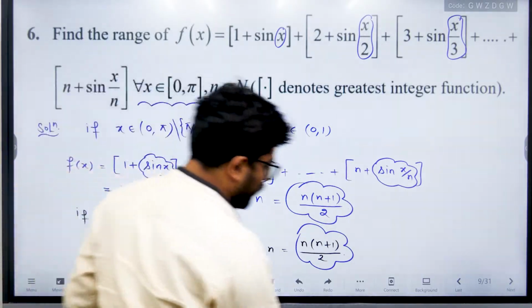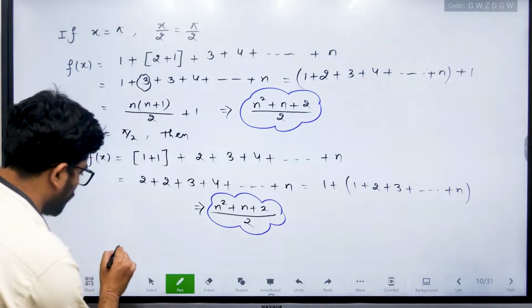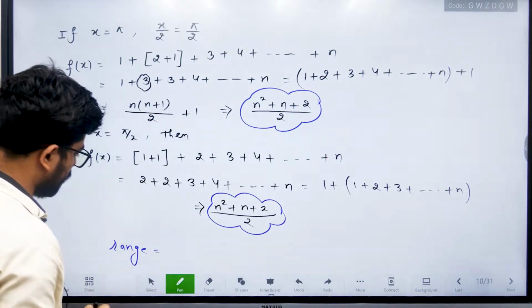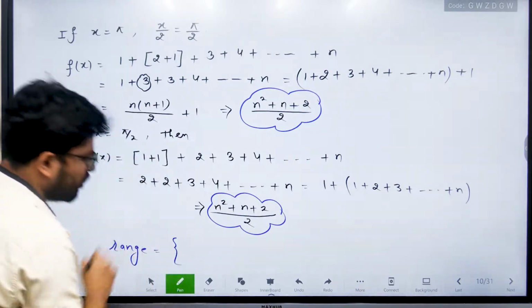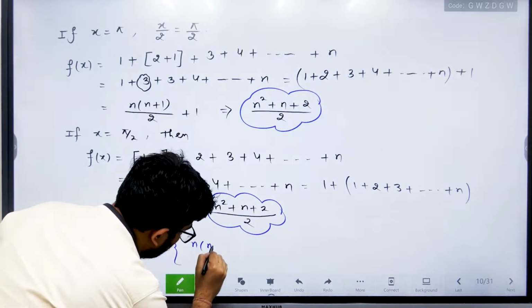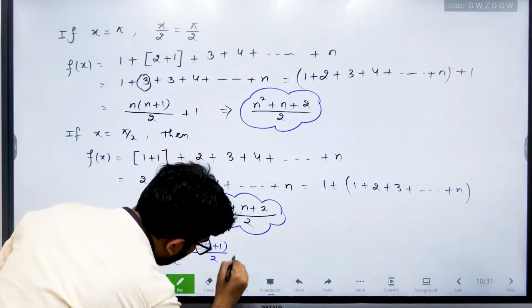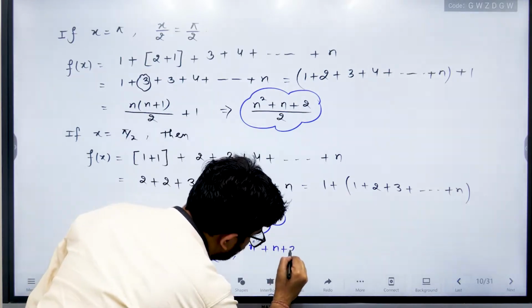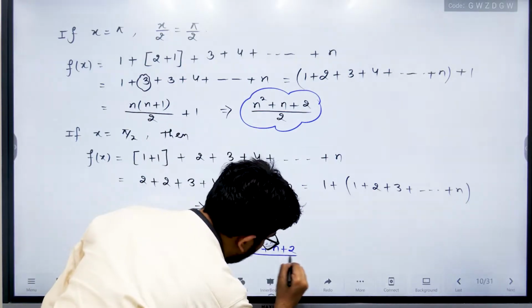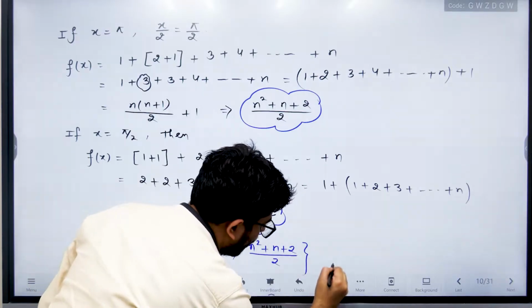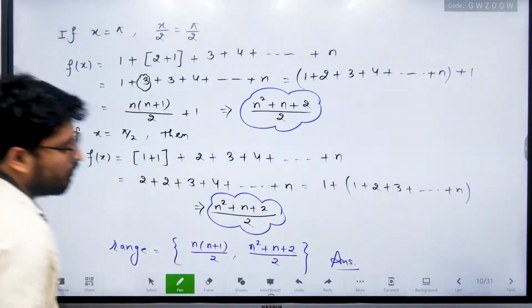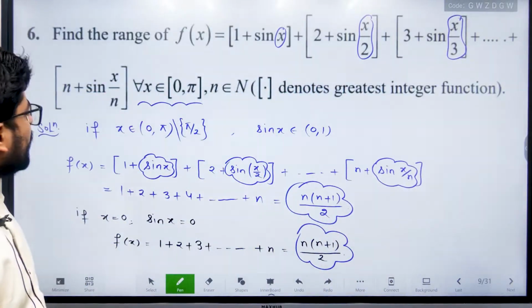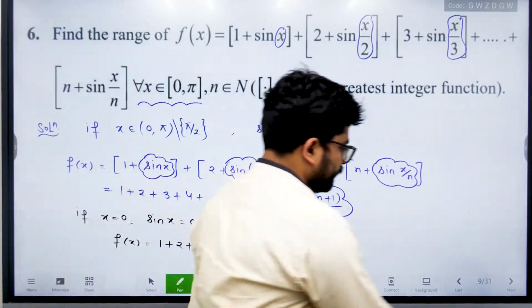So the range is equal to the collection of n(n plus 1)/2 and (n square plus n plus 2) whole divided by 2. Okay, that's the answer. So this is the range of your function. Got it? Now let's do the next one.